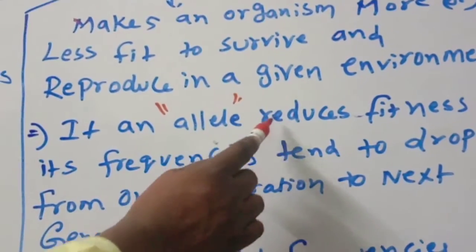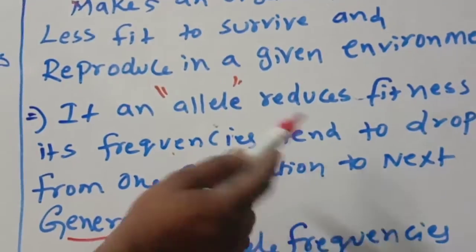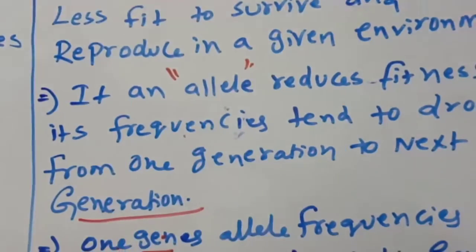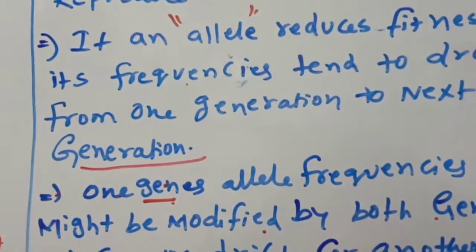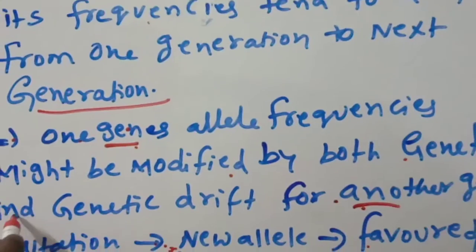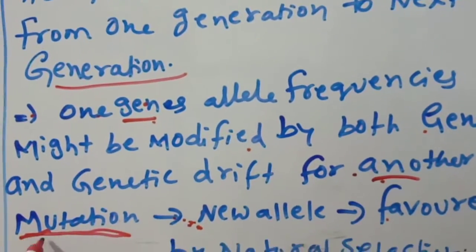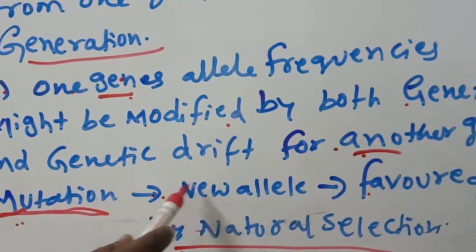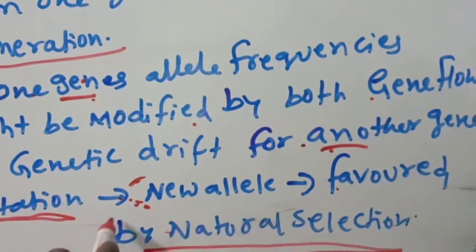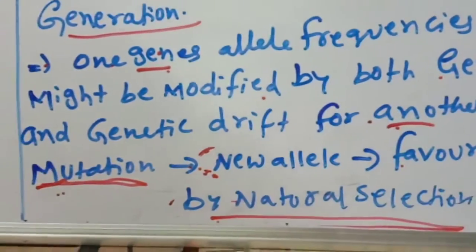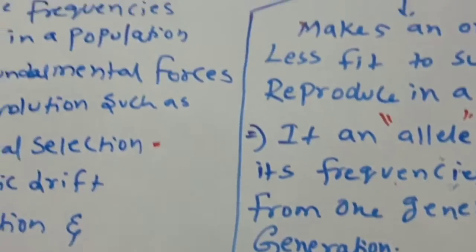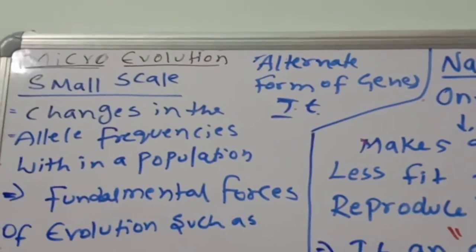If an allele reduces fitness, it drops in the next generation, and that allele will not be there. One gene can change another gene through gene flow or genetic drift. Mutations may be the main reason for the formation of new alleles, and they are favored by natural selection. So we are going to see selection.